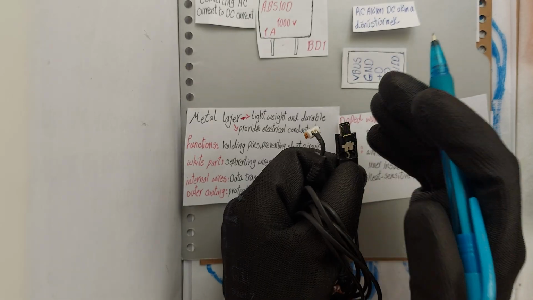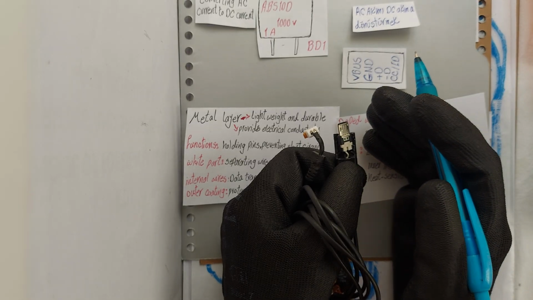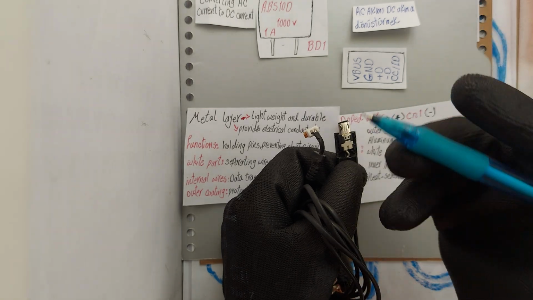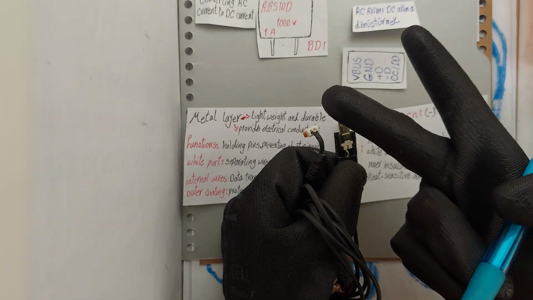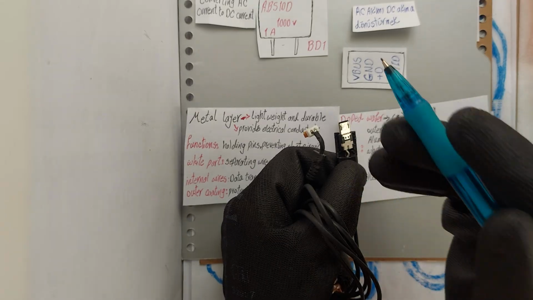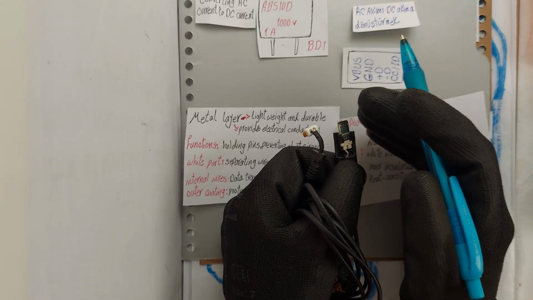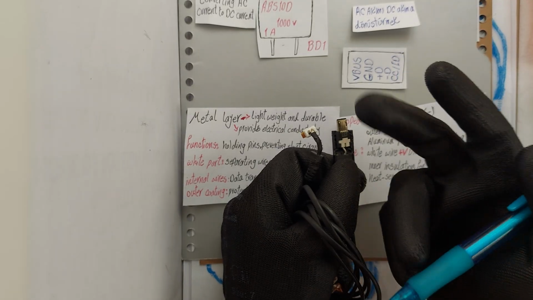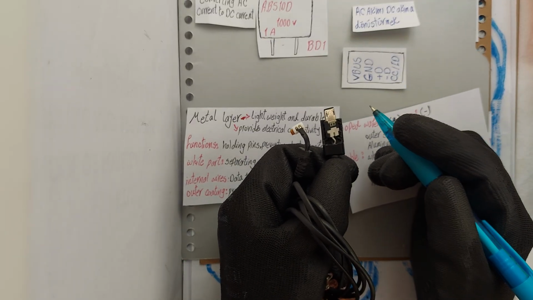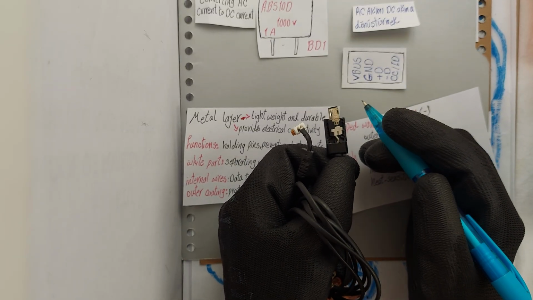With its electrical conductivity, it may also act as shielding to reduce electrical noise. It has two main purposes. At first, holding pins in place keeps the pins securely in position, and secondly, preventing short circuits separates pins to avoid unwanted contact and circuit failure.